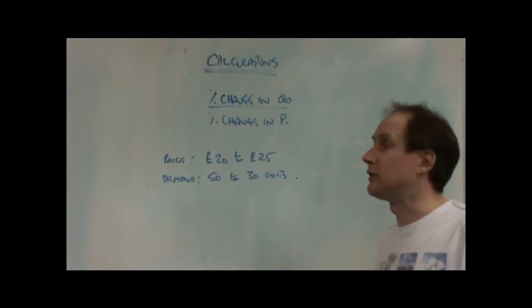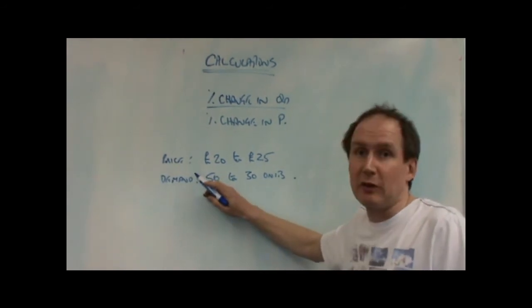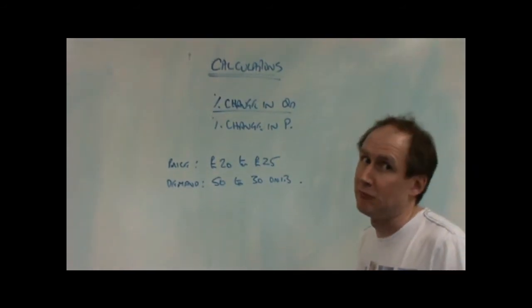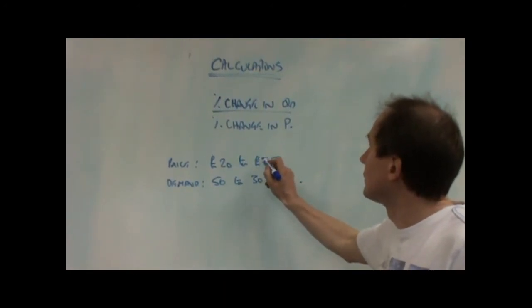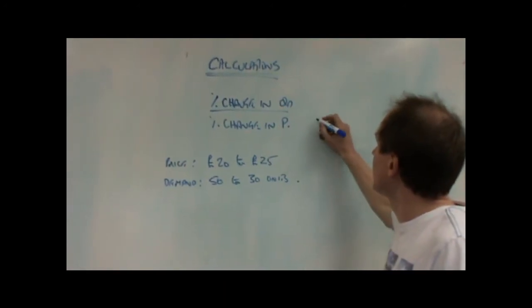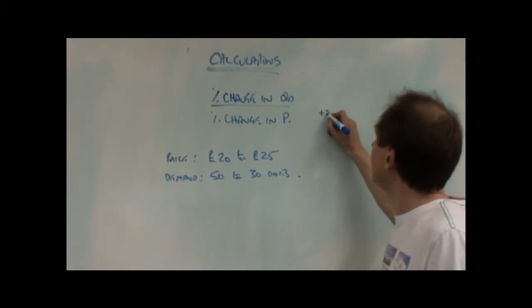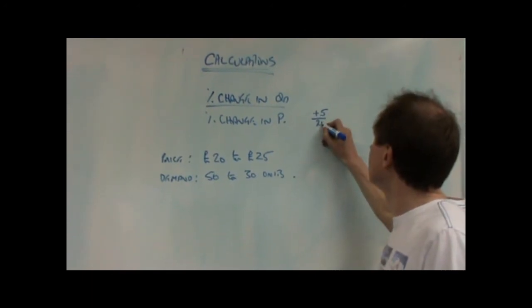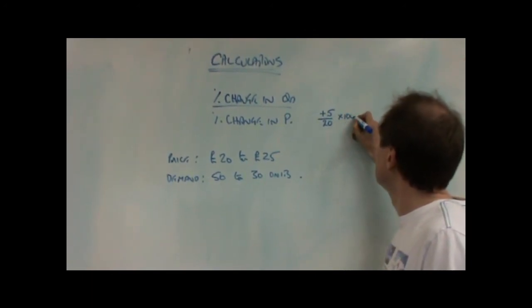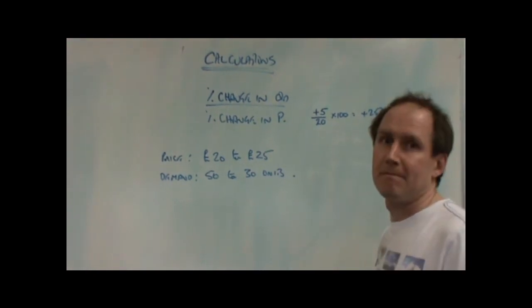The first thing that students tend to do is forget to look at the formula, and because the change in price comes first, they put that on the top, which is obviously not a good thing. So the percentage change in price: it's gone up, so the change is plus 5 from an original of 20, times 100, is plus 25%.